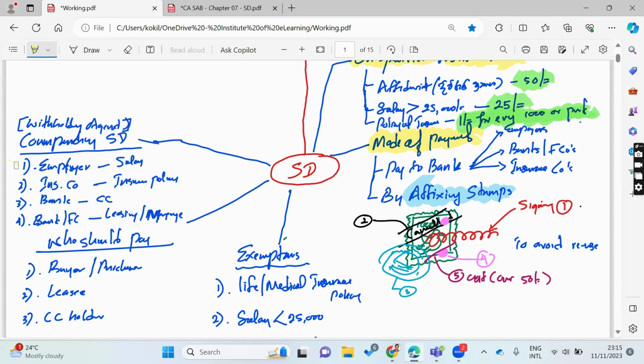They will ask you to pay the stamp duty. The employer will definitely deduct from salary. The insurance company will collect the insurance stamp duty from you. The bank charges the credit card automatically. For leasing or mortgage, the bank or finance company will definitely deduct. Hope it's very clear up to here.